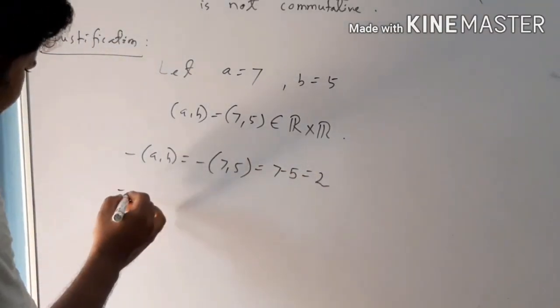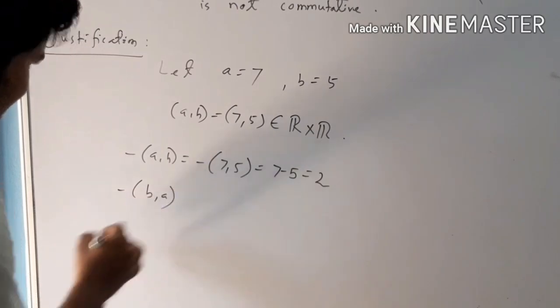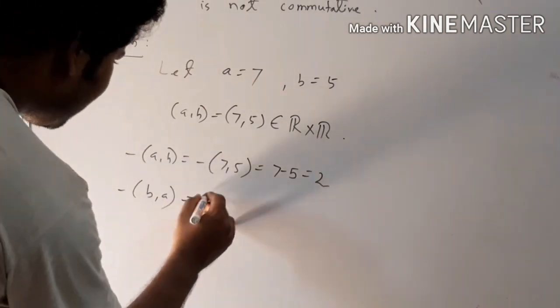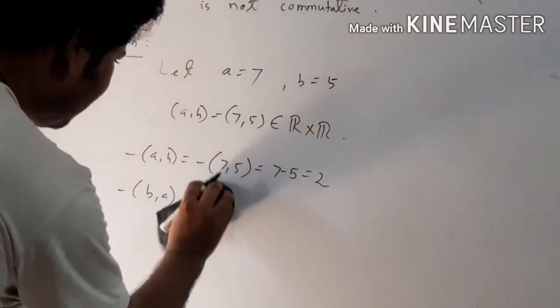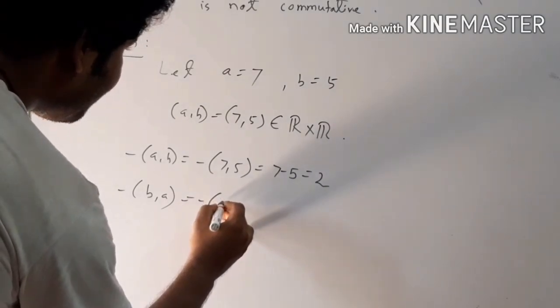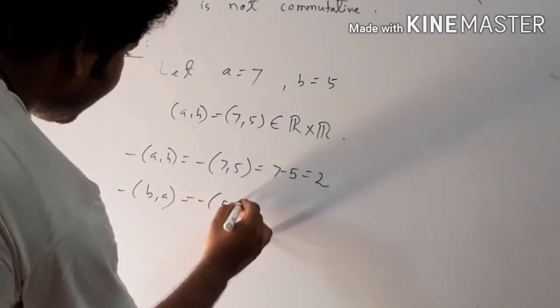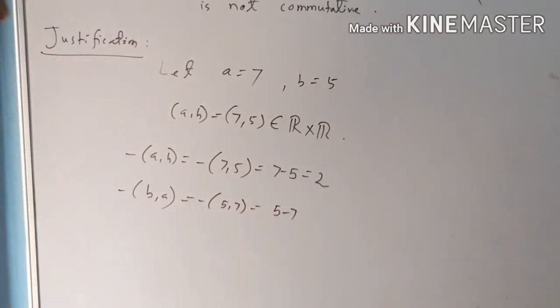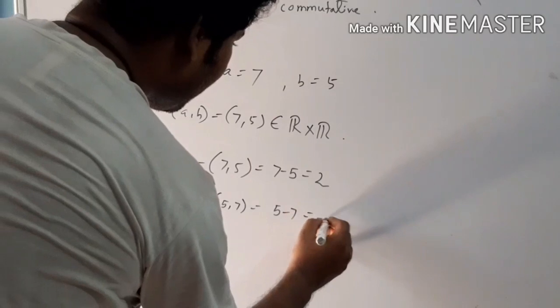Again we will take subtraction of (B, A). This is equal to 5 minus 7, which is equal to minus 2.